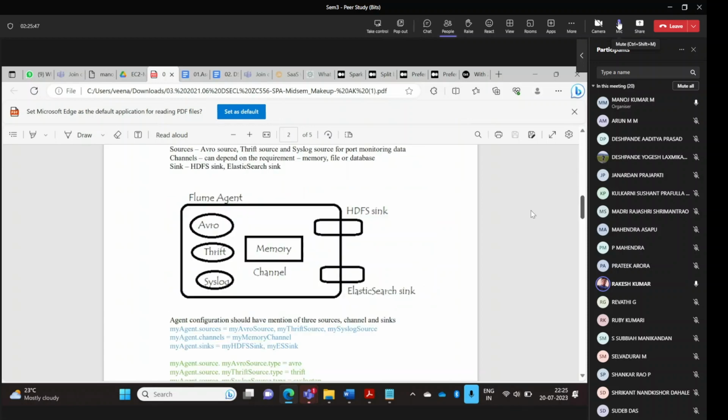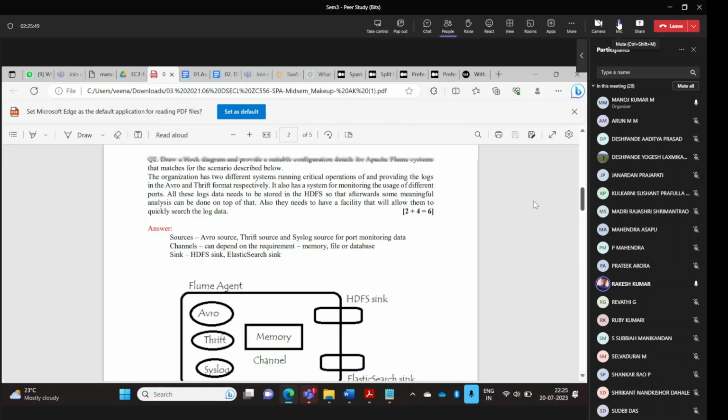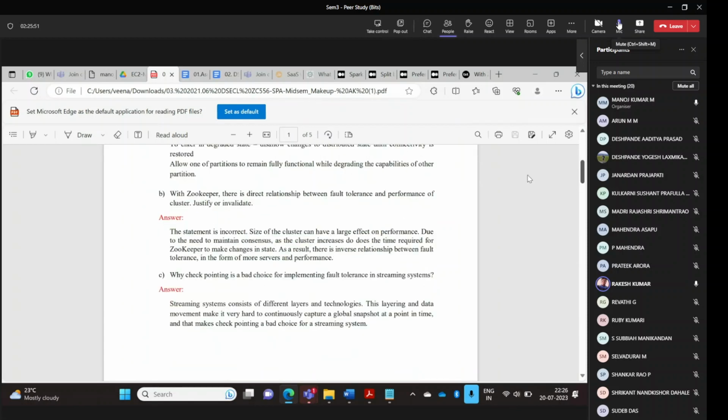Or what we can do is put this question as a discussion and let everyone post over there, and let the TA also answer this. At least on WhatsApp you can post it and ask Pratiksha and some people are saying no.